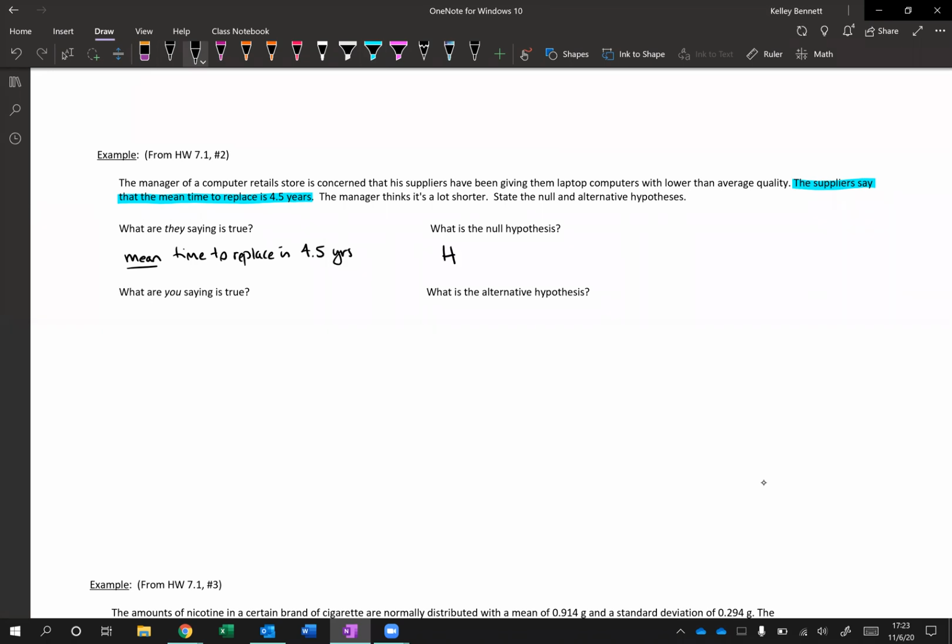Right, so as a null hypothesis, they're saying that mu is equal to 4.5 years. What we're saying is we think it's a lot shorter. So we kind of say it 2 times. In the beginning, it says the manager is concerned that the laptop computers are of lower than average quality.